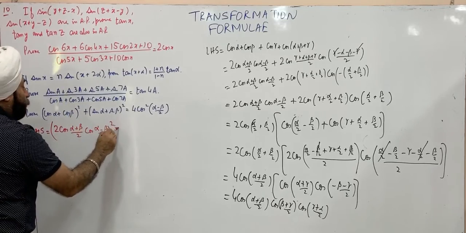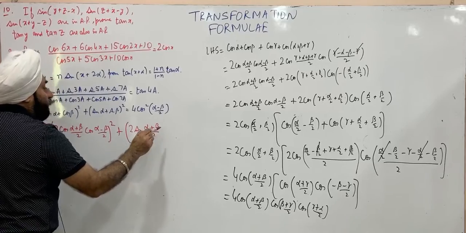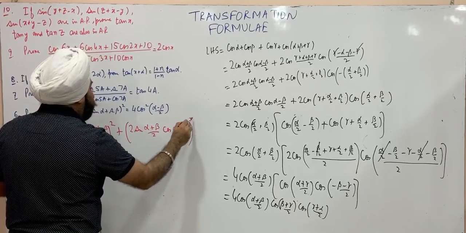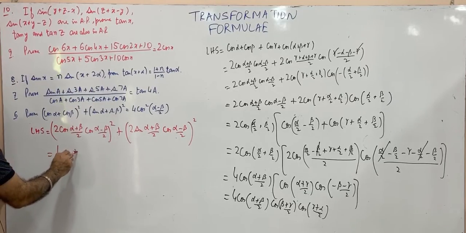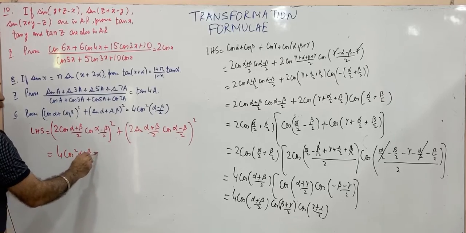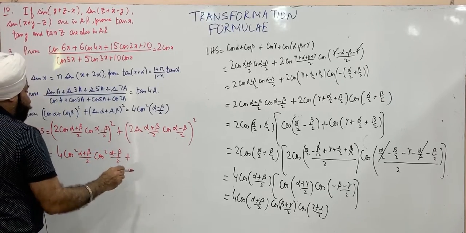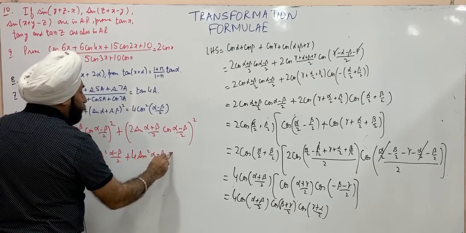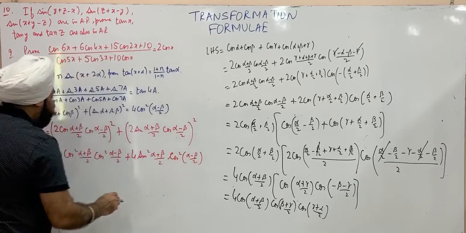This is whole square plus 2 sin (alpha plus beta)/2 into cos (alpha minus beta)/2 and whole square. 2 square, this is 4 cos square (alpha plus beta)/2 into cos square (alpha minus beta)/2 plus 4 sin square (alpha plus beta)/2 into cos square (alpha minus beta)/2.